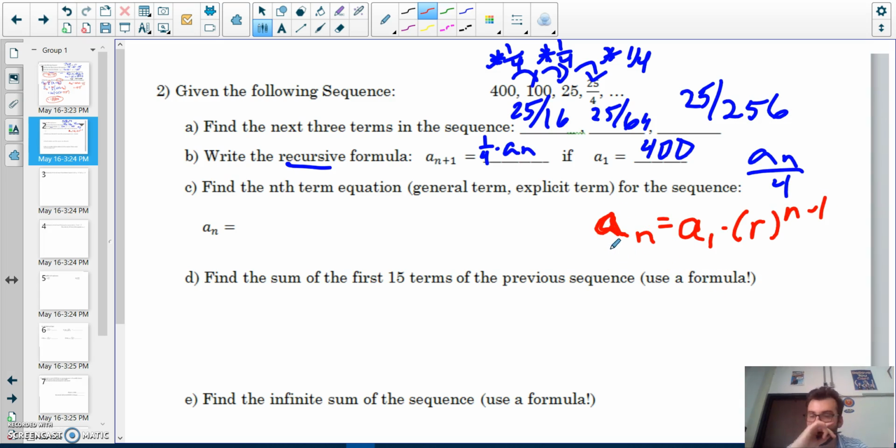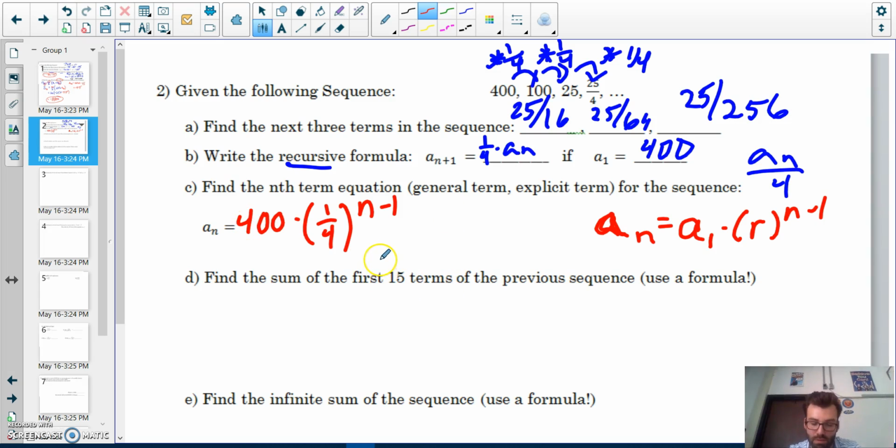So a sub n, my first term, is 400 times my common ratio. This is why I did 1/4, because the common ratio is 1/4 to the n minus 1. Now I could say divide by 4, but that's the same thing.